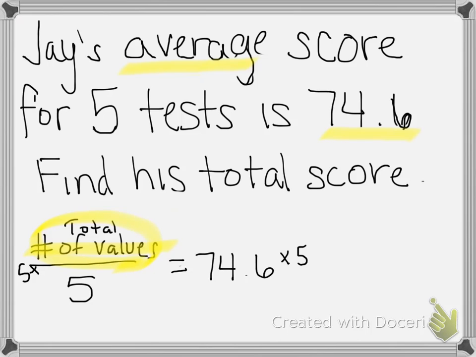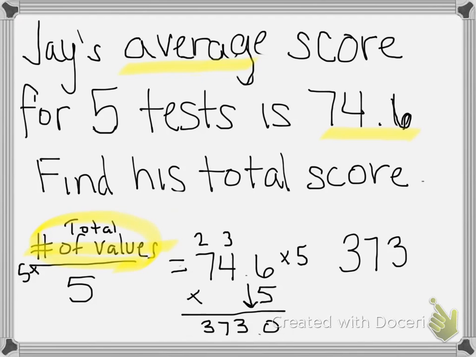So, 74.6 times 5 is 373. So our total score of all 5 tests combined is 373.